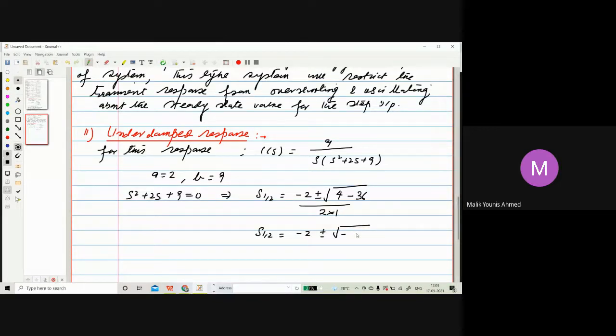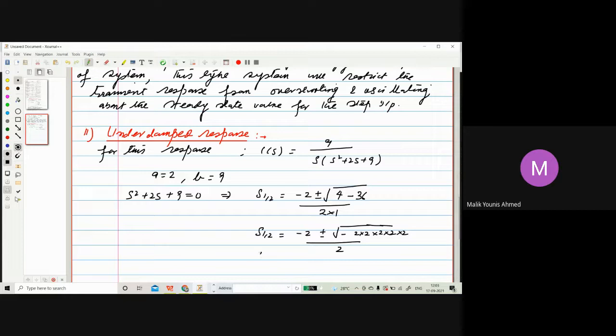That will be 8 into 4; 4 and 4 is 16, 16 and 2 will be 32, divided by 2.